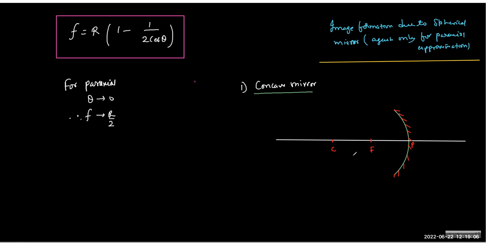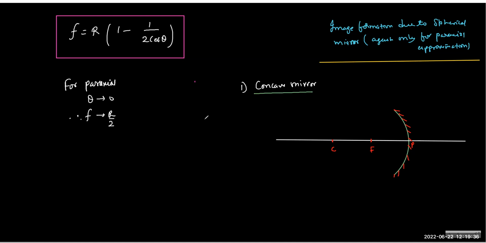The idea that you need to remember is that any light ray coming from a distant object or infinity, let's say light rays coming from the sun, a star, the moon, or any planet, whatever light ray we receive from the cosmic world, all such rays are paraxial by definition.